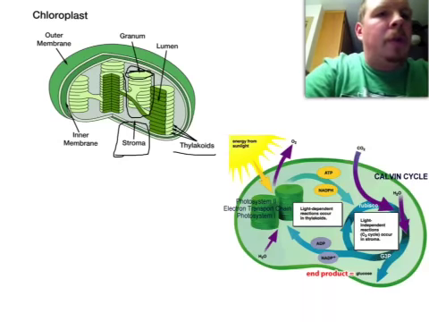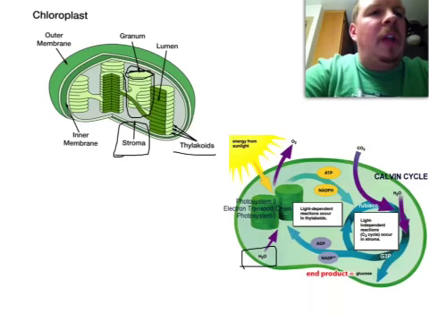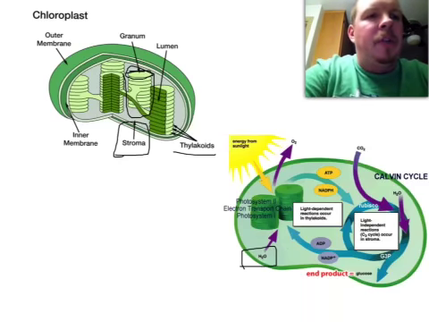Taking a look now at the bottom picture, you'll see water. So remember, the first part of the formula is 6H2O. So water comes into the plant, it gets into the chloroplast, and it goes into the thylakoids. And once inside the thylakoid, the water gets ripped apart and is basically harvested for the electrons.